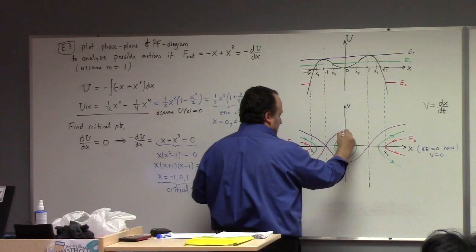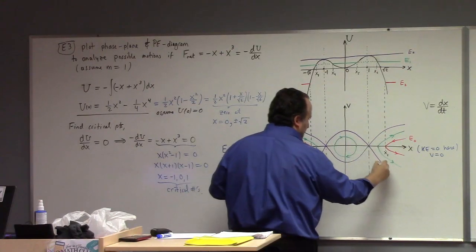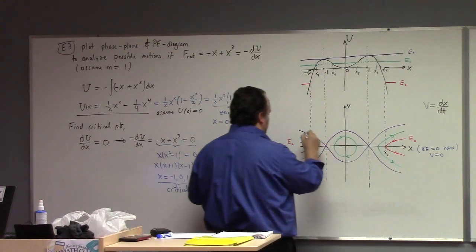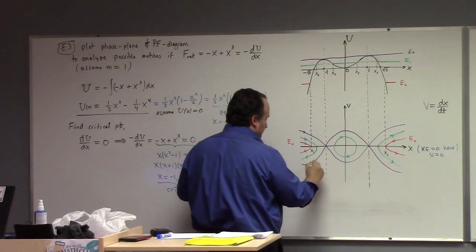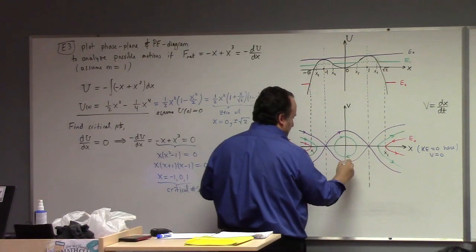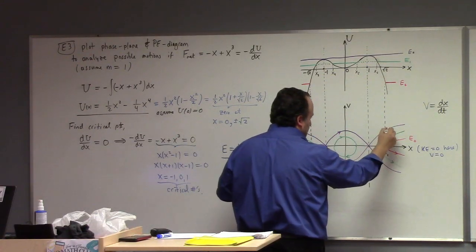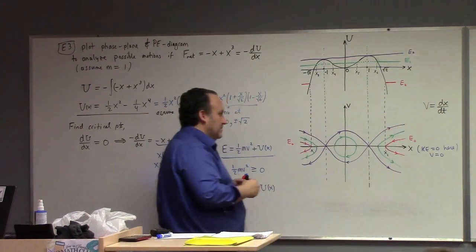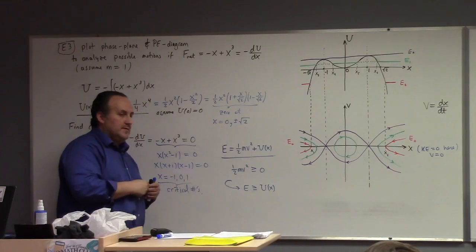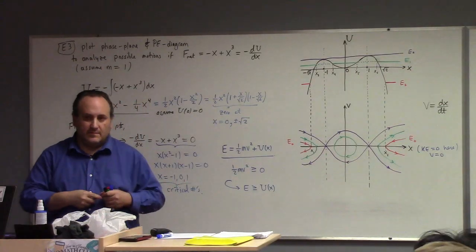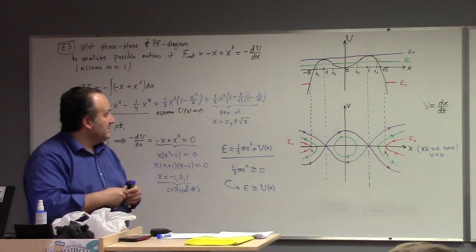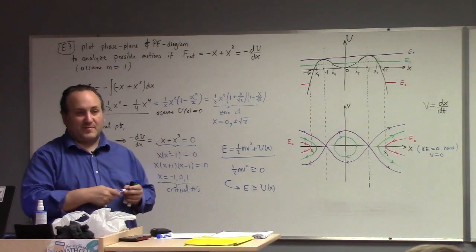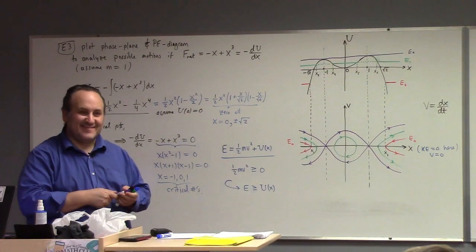Now, if I was doing this exactly correctly, this would be an exact mirror above and below the x-axis here. So any difference from it being a perfect mirror is just my shortcoming in terms of graphing. But that's the energy level E2. It was supposed to be a horizontal line up there. Use your imagination. All right.